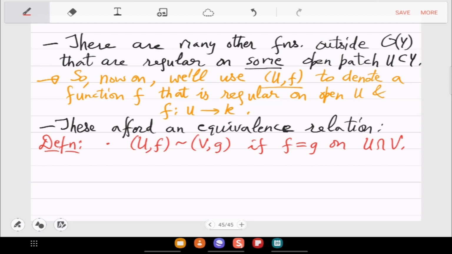It could be a bit counterintuitive because we are ignoring what happens in U minus V and V minus U. But somehow this will be good for the theory. So we'll call f and g with their domains equal if on the intersection domain they are equal.